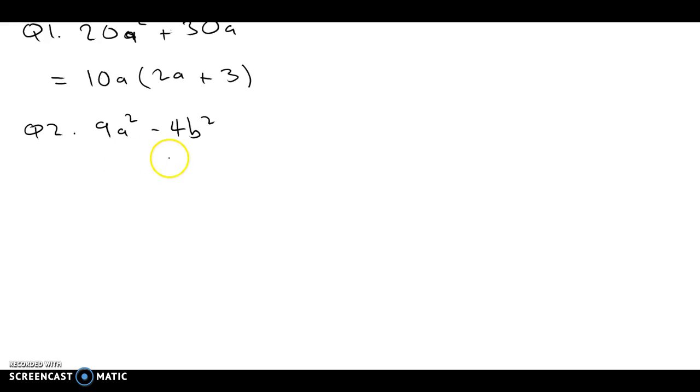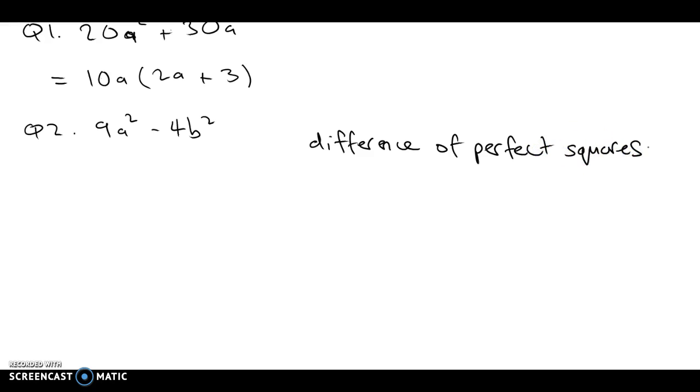And in order to factorise it, we can use the identity that the difference of perfect squares, a squared minus b squared, equals a plus b, a minus b. That identity for us here is going to be very helpful.